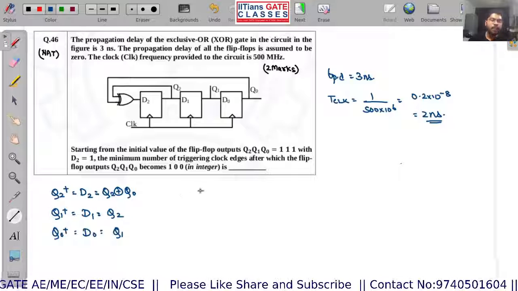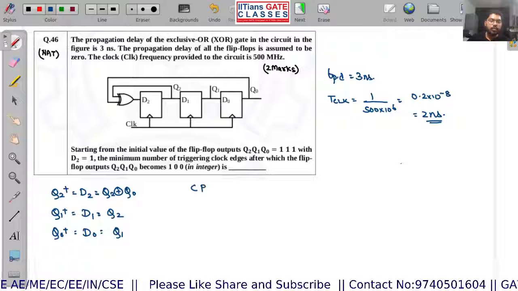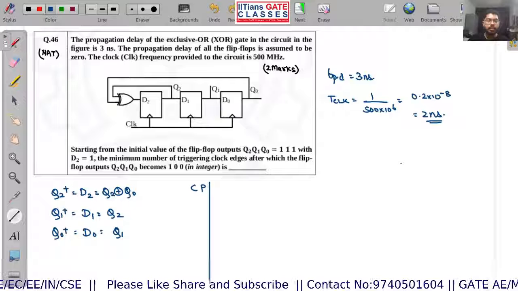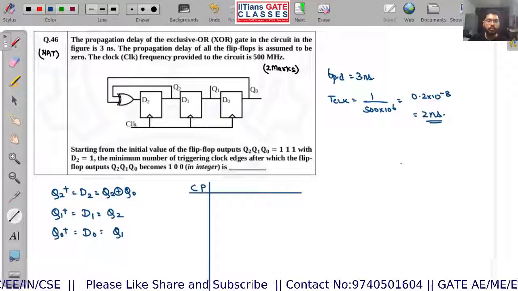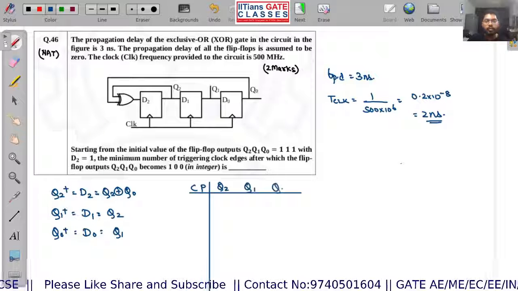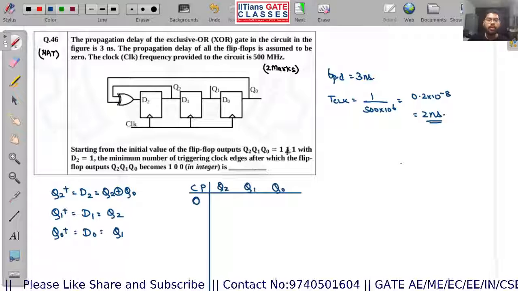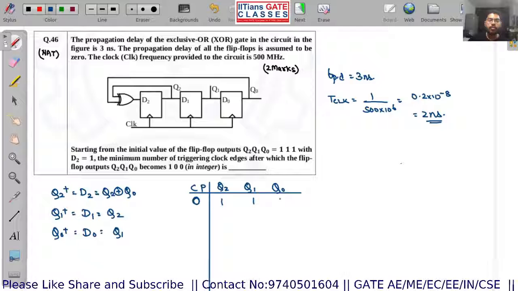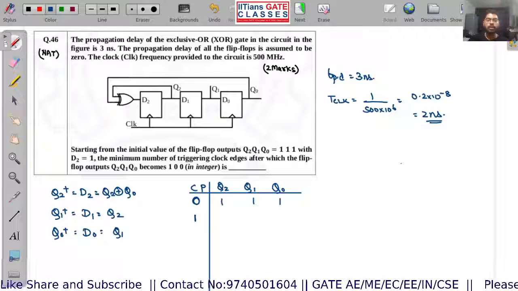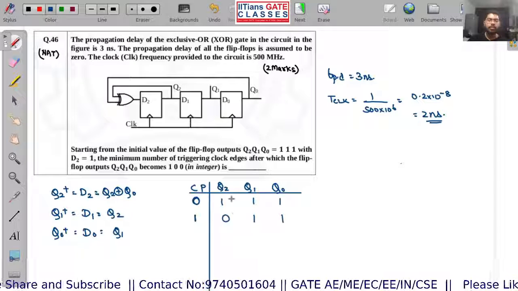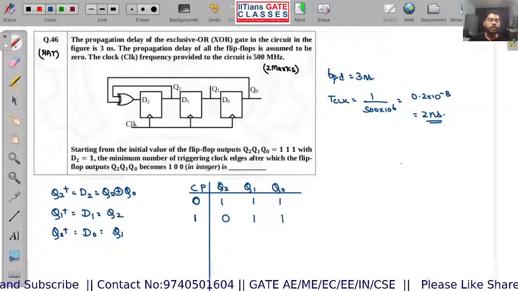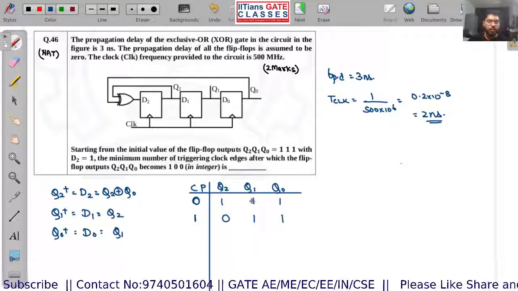So if I formulate the state table, this is the clock pulse, and this is Q2, Q1, Q0. At clock pulse 0, the value was initially 1, 1, 1. At the first clock pulse, Q2 XOR Q0 is 0, and this will be 1, 1. Why 1, 1? Because Q1 plus is D1, which is Q2, and Q0 plus is D0, which is Q1, so these are shifted.